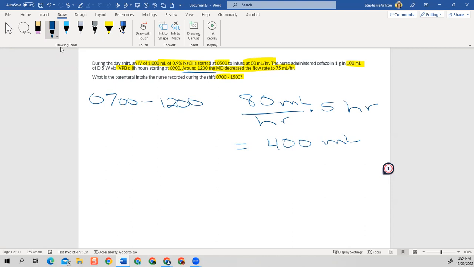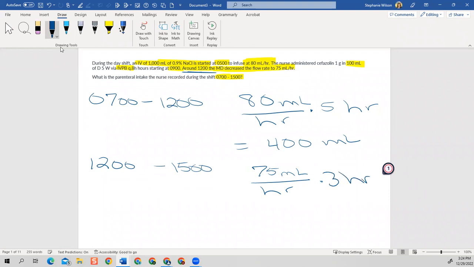All right. Now from 1200 till our shift ends, because someone else is going to take care of it outside that shift, 1200 to 1500, they said it decreased to 75 milliliters per hour. So 12 to 13, 13 to 14, 14 to 15, that's 3 hours.